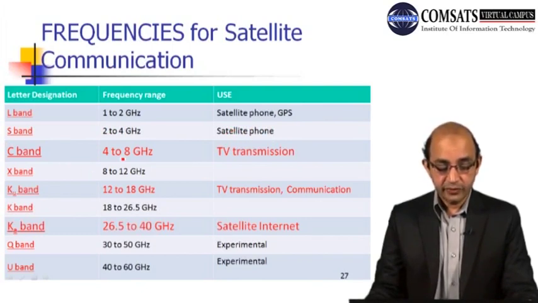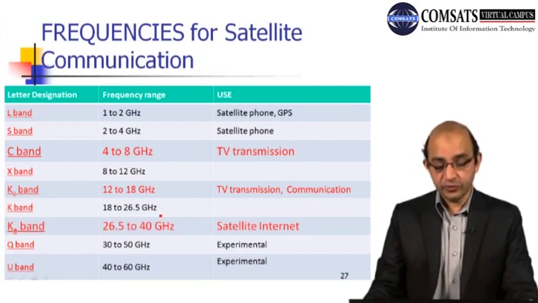C band, 4 to 8 gigahertz, is used for TV transmission. Then X band, and then we have Ku band. These are very popular: C, Ku, and Ka band, right? For Ku band, the frequency range is between 12 to 18 gigahertz, and this is being used for TV transmission and communication.